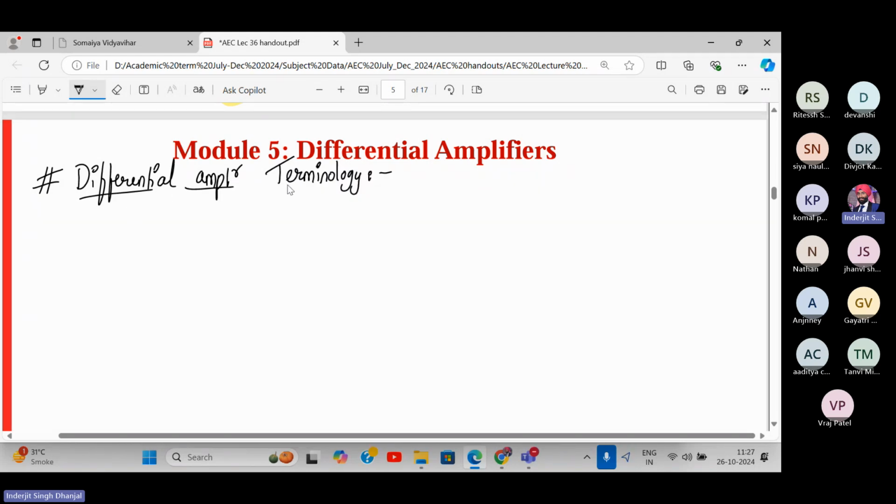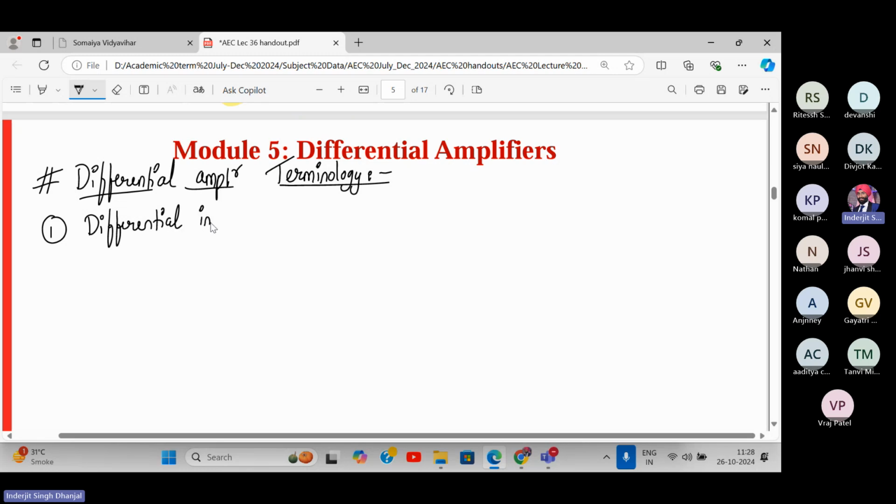So the first term is differential input signal. Please write along with me. Differential input voltage.